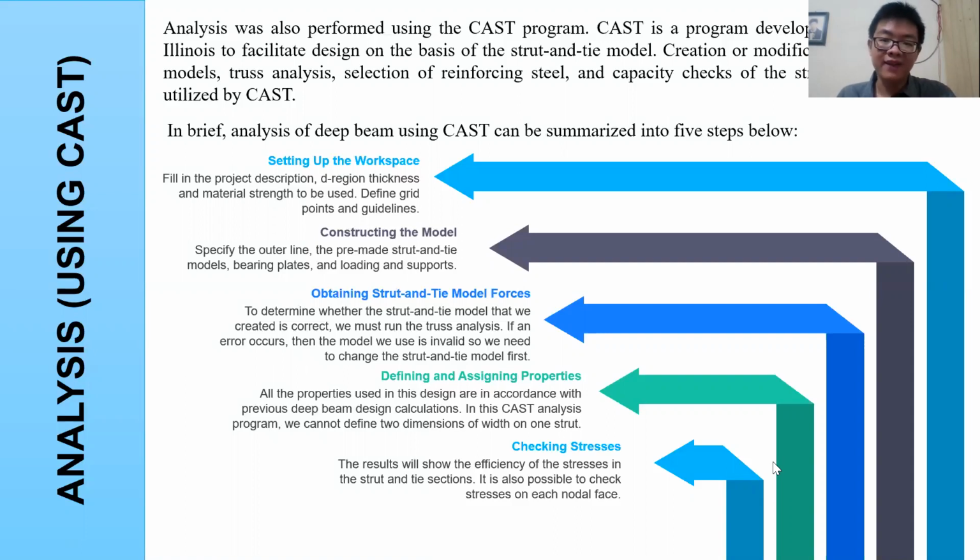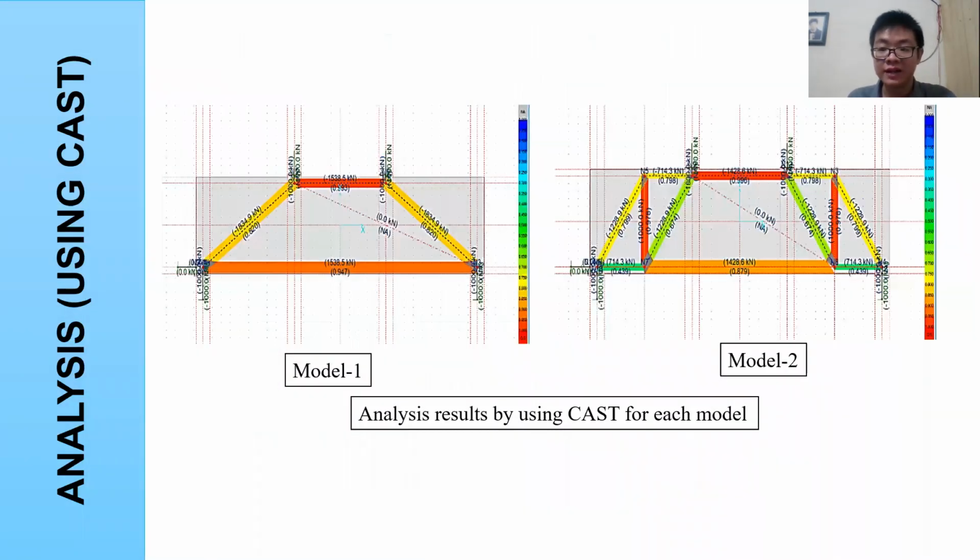In brief, analysis of deep beams using CAST can be summarized in 5 steps shown in the slide. First is setting up the workspace, then constructing the models, then obtaining Strut-and-Tie Model forces, and then defining and assigning properties. And last is checking the stresses. So here is the result of the analysis by using CAST for each model.